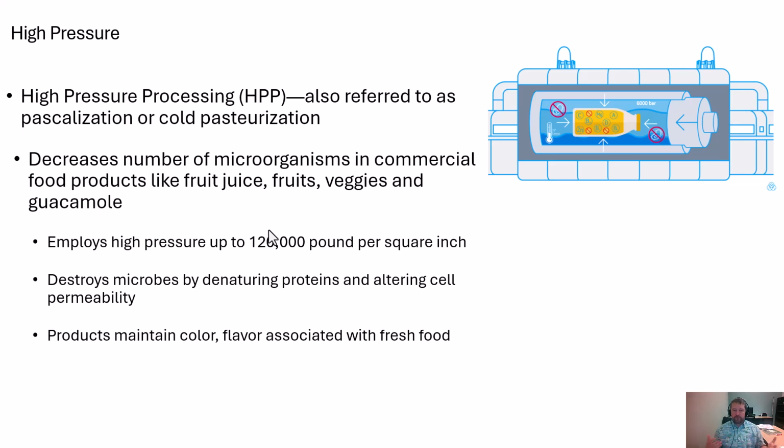It also works well on human-made products like guacamole and salsa and things like that. Fruit juices, another thing that's commonly done. It will destroy the microbes by denaturing their proteins, so it causes the protein linkages, the peptide bonds, to break or twist, and then it changes the shape of the protein, and it's not reversible.